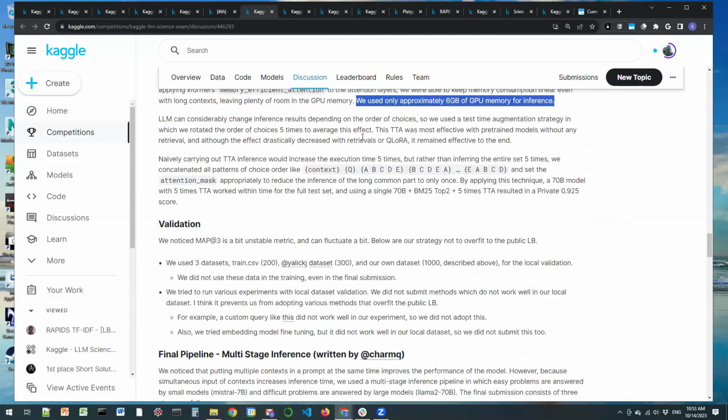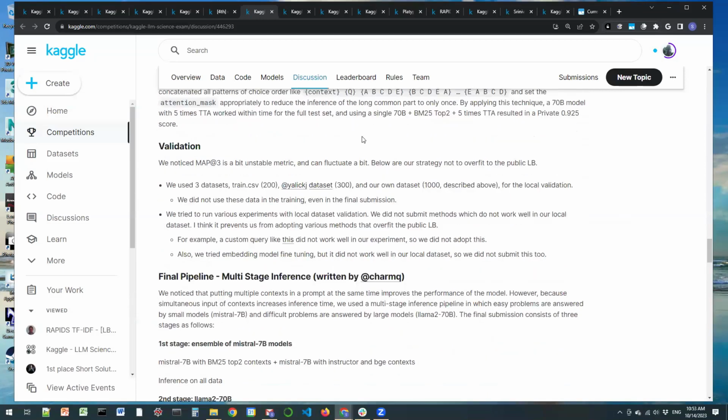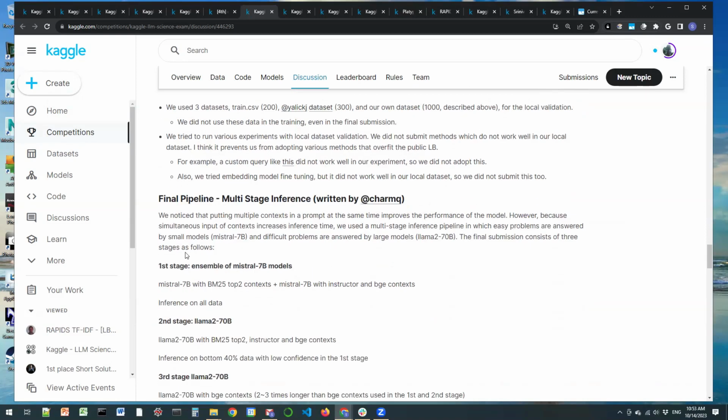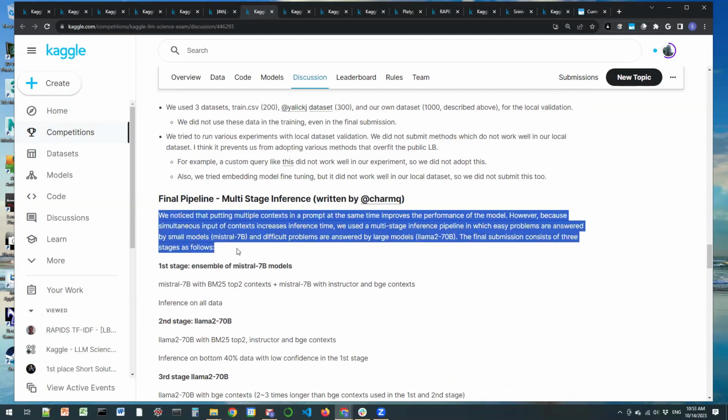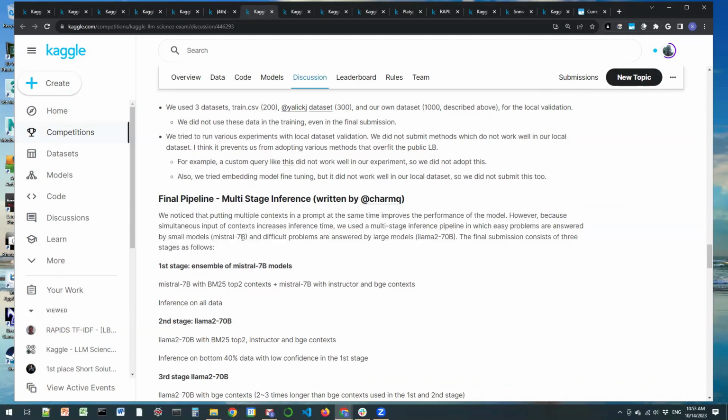Okay. Oh wow, this is interesting. They publish the code as to how they do this, but they use different models to handle different levels of challenges of the question.